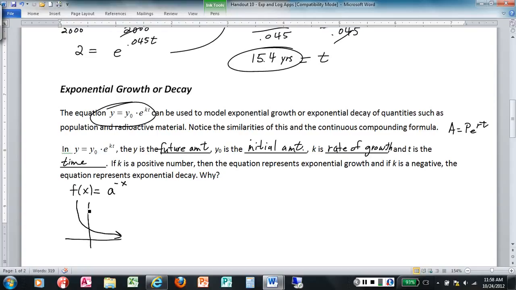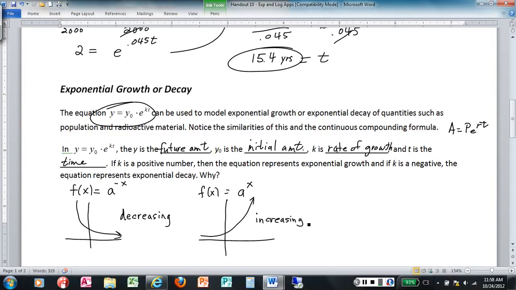And we pointed out that that's a decreasing function. If f of x was equal to a to the x, positive x, then our graph looked more like that. And so that was an increasing graph going left to right.